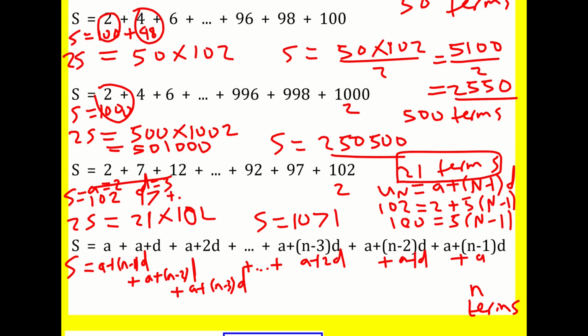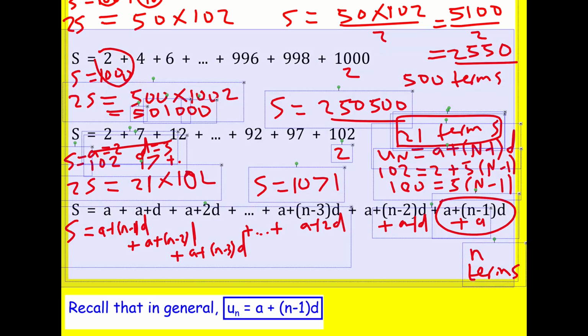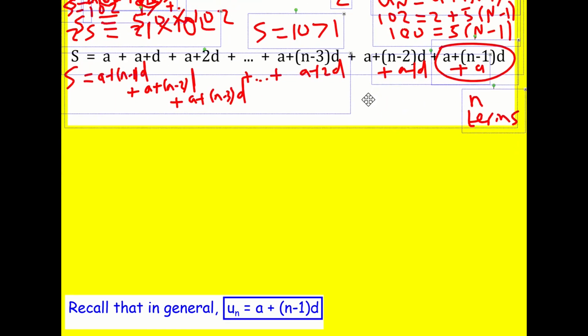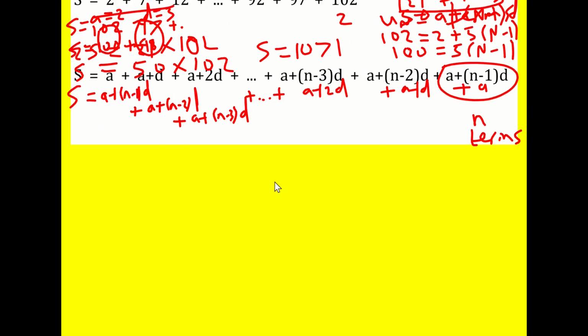And now what happens if I look at each pair? I can see that each pair is going to be A plus A plus n minus 1D.